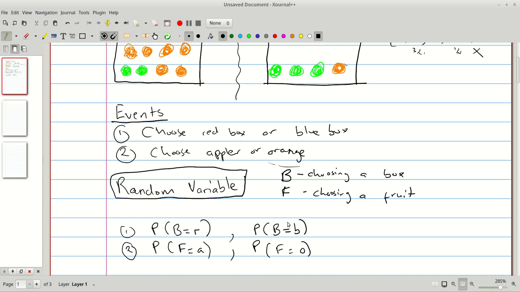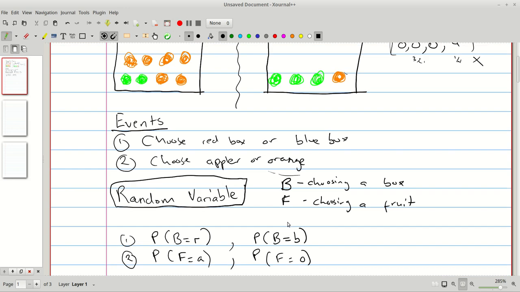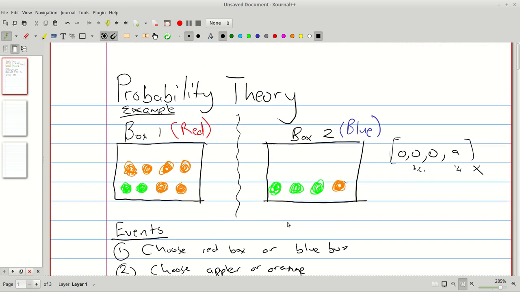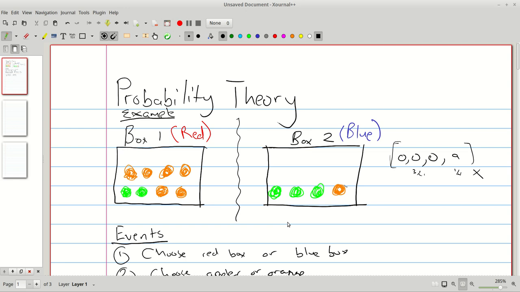So having said that, we can go even further by expressing this, of course, as probabilities. But before doing that, I want to take a step back and prove to you why we say that the more we conduct an experiment, the closer we get to the actual probability of that experiment.